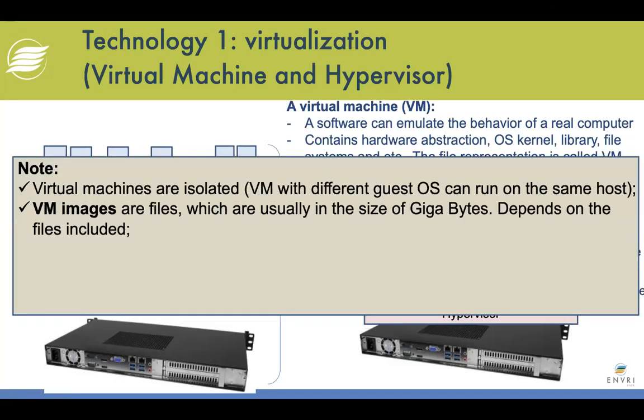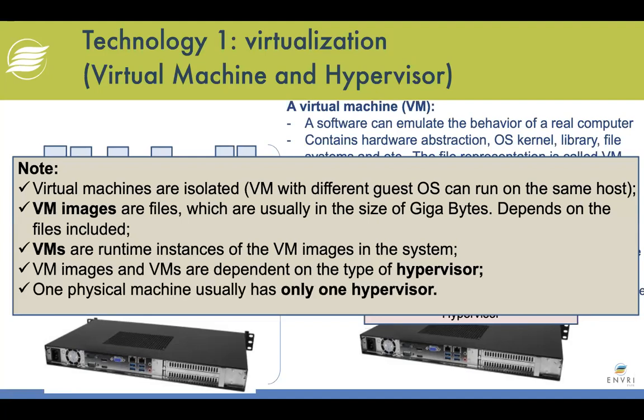So about the cloud, if you want to know the technology, these are the few bullets you need to remember. Virtual machines are solutions to partition the physical resource and isolate it for different users. And virtual machine images are files stored in the computers. Usually they are very big, it could be several gigabytes. If you load one in a system, that becomes a virtual machine.